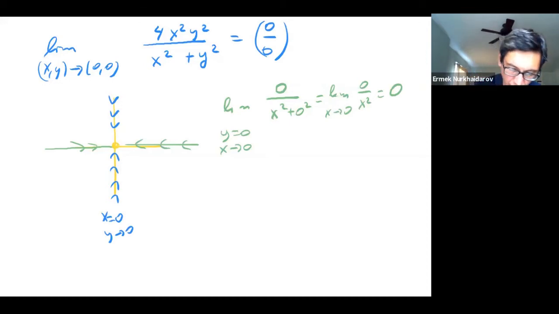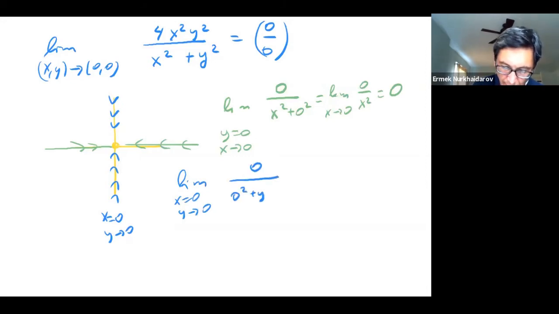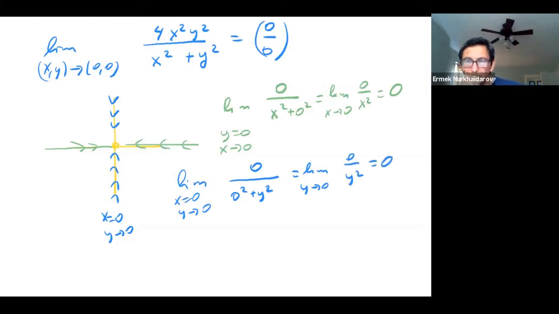So let's calculate what will happen in this case. We're going to substitute 0 for x. y is y. We're going to get the limit as y approaches 0 of 0 over y squared, which equals 0.